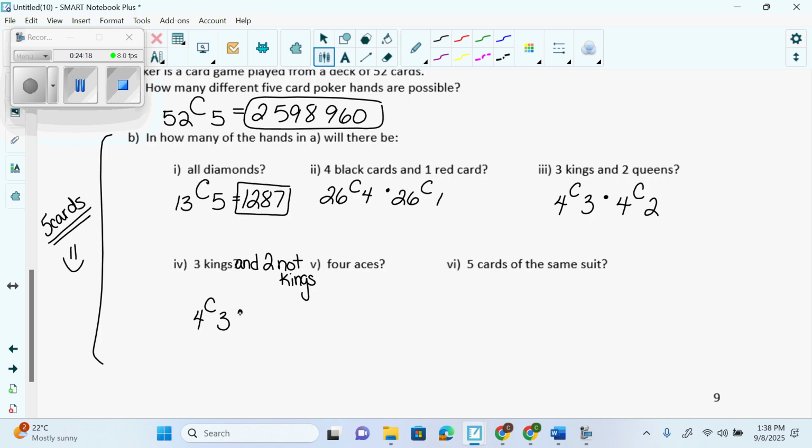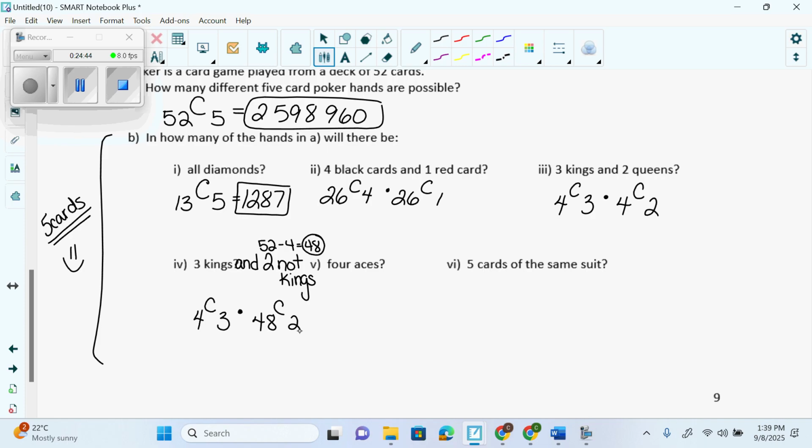But it has to be 48. If you use 49, you could get another king, and we're not allowed to. It's not kings, correct? So what we have to do to get the not kings is we do 52 minus the kings, and we're left with 48 that we can choose from, correct? So we do 48, choose 2. Now you guys can do the answer to them, that's not the problem.